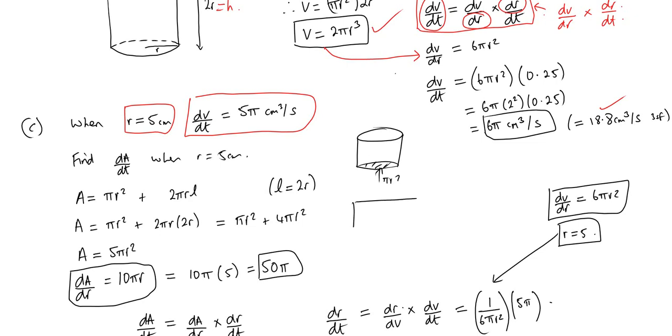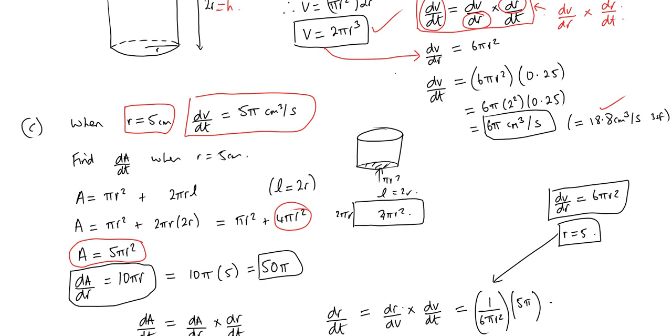And if we cut it open, this would be L, and this would be 2 pi r. But we know that L is equal to 2r, its height. So that's going to be 4 pi r squared. Okay, that's how I've got this value. So we find that the surface area for an open top cylinder is 5 pi r squared.